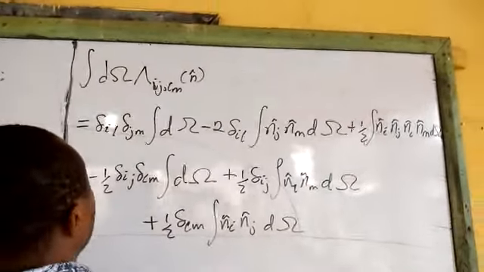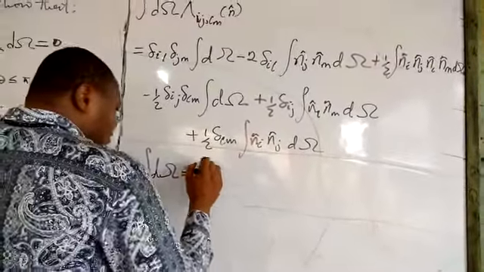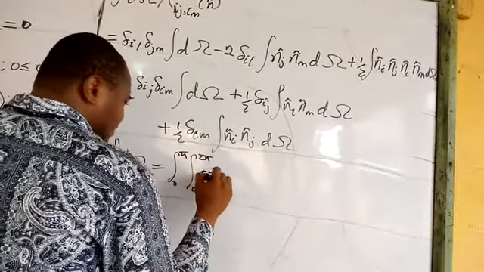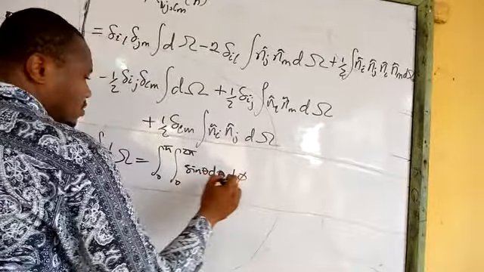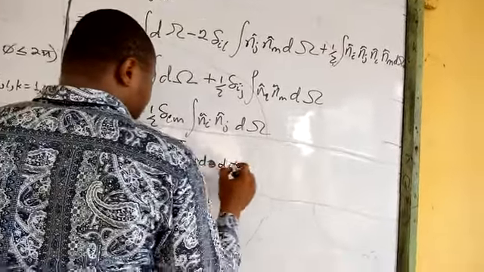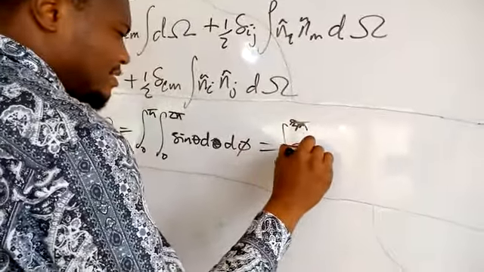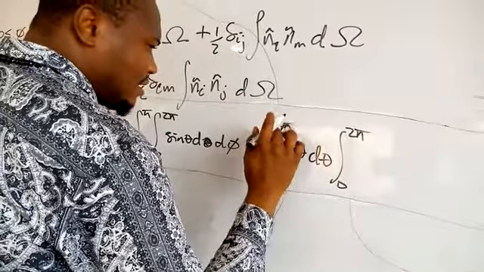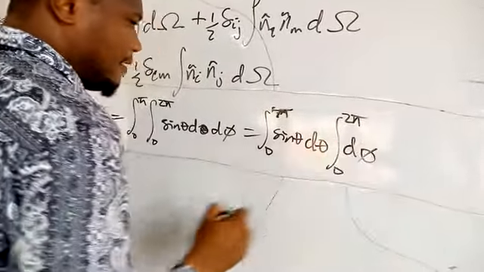Well, one thing we may have to do shortly is to calculate this, which, as we said, is this 0 to 2 pi of sine theta, d theta, d phi, eventually, because that is what omega is. And so this, for instance, is the same thing as 0 to pi of sine theta, d theta, 0 to 2 pi of just d phi.